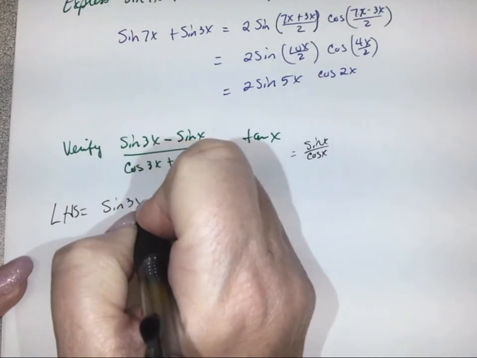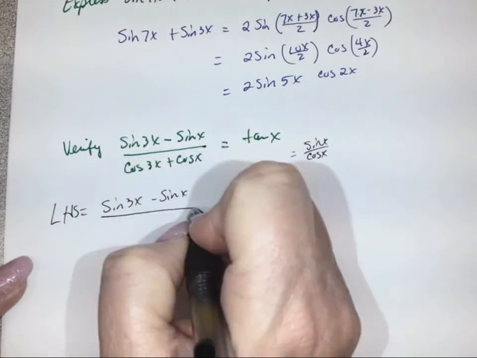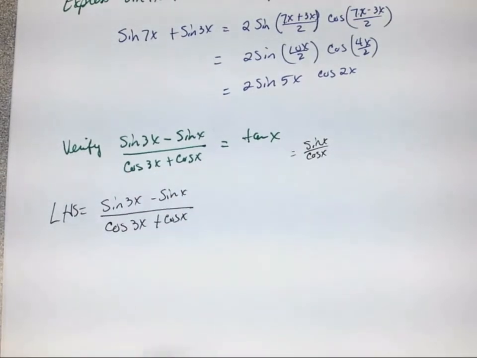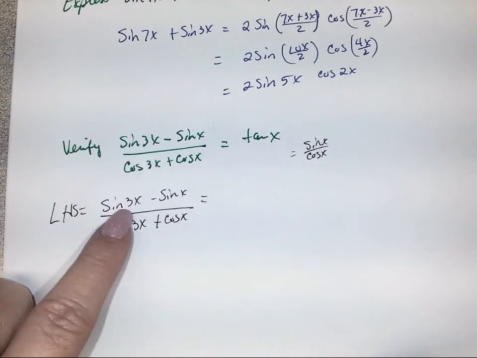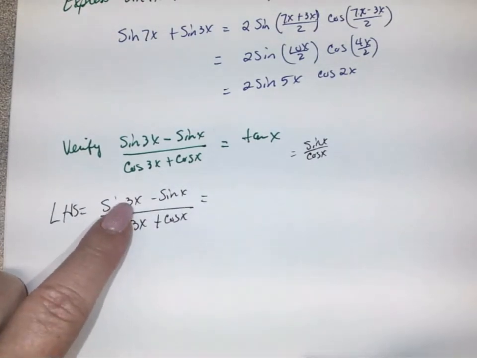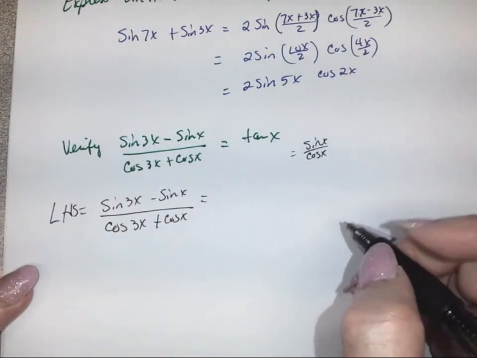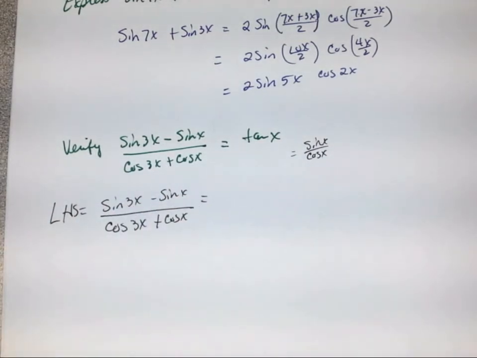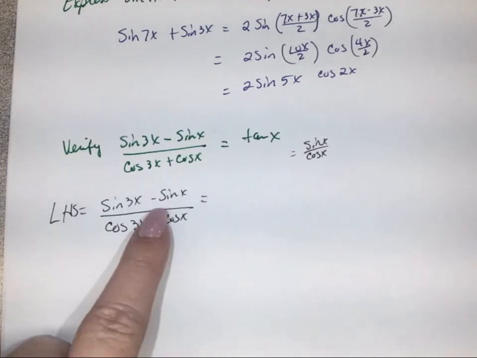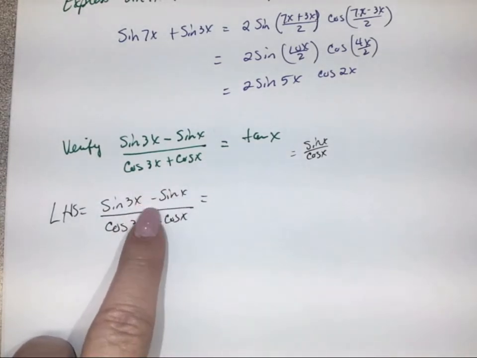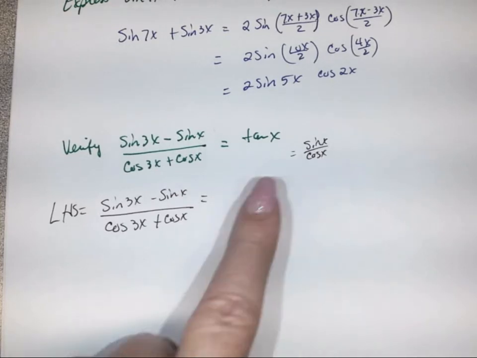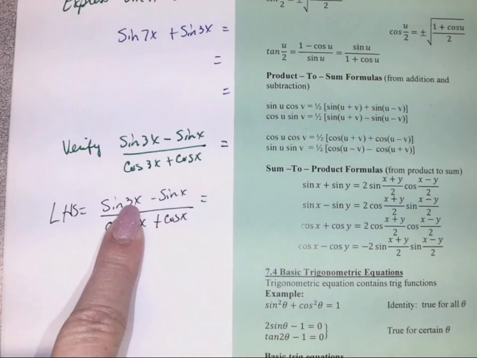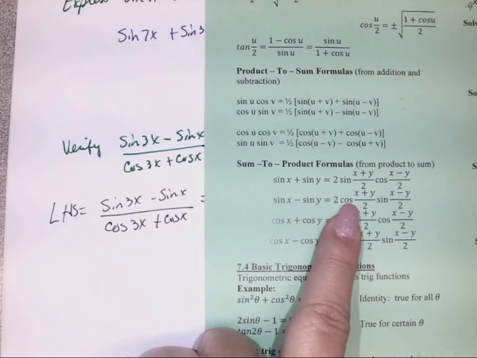So the sine of 3x minus the sine of x over the cosine of 3x plus the cosine of x. All right, so we've got a triple angle here, but we're more looking at 3x because we're using our sum to product. We know it's got to get to a single term. So if I go look at my sum to products, I'm looking at sine minus sine, so it's going to be 2 times the cosine.